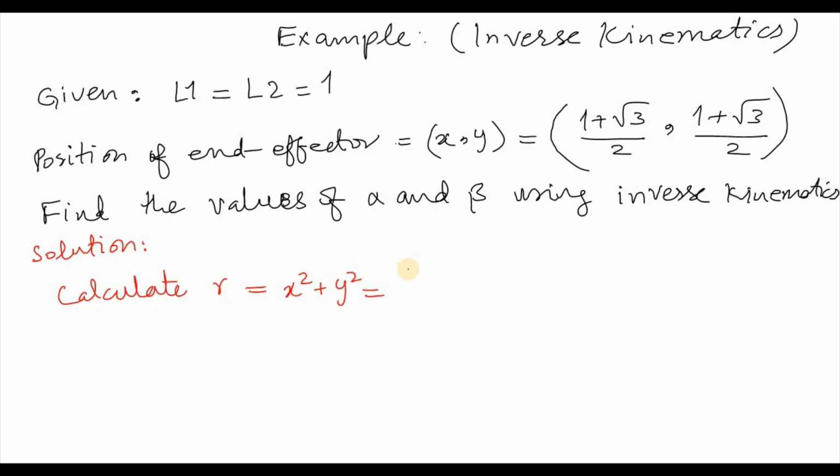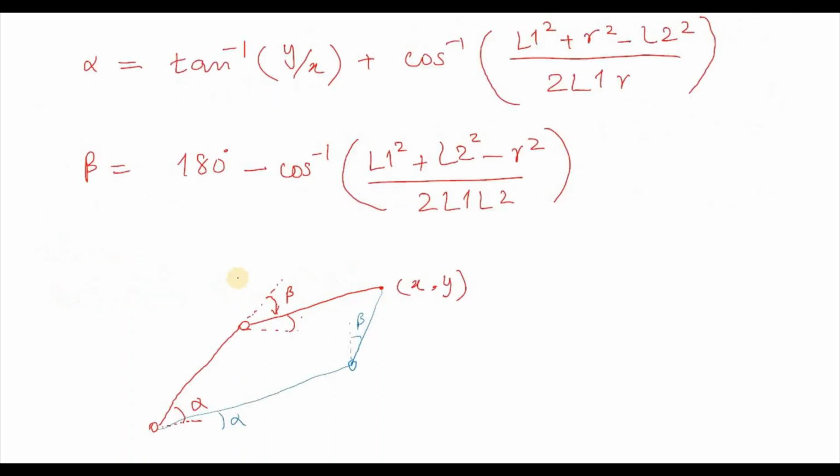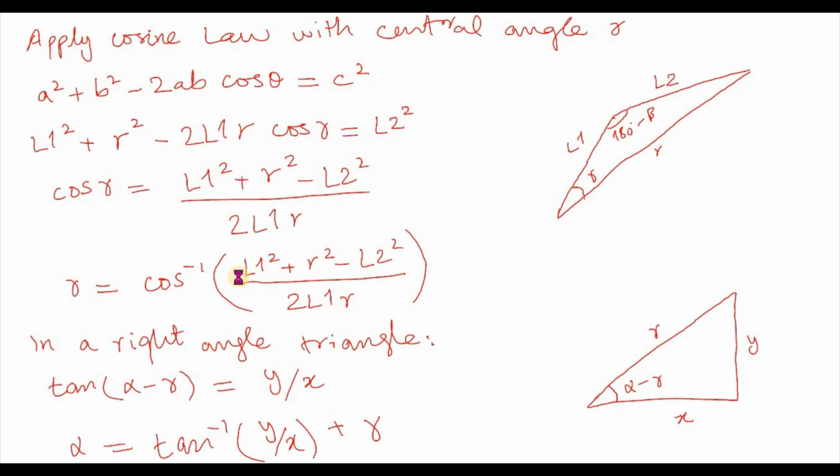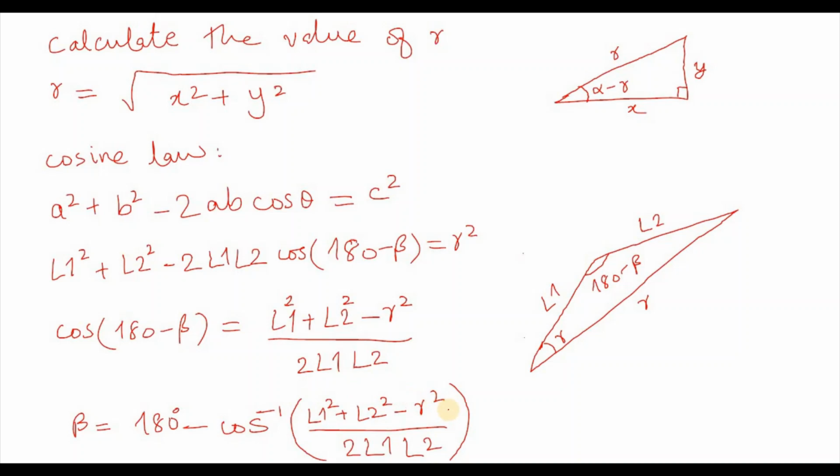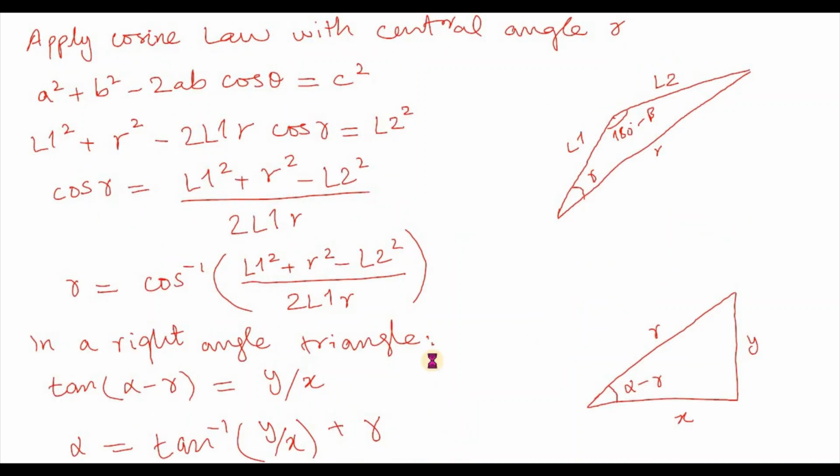Since in the formula of the inverse kinematics, R square will be used, here you see it's using R square, so we don't need to take the square root of the R. We can just use R square value.